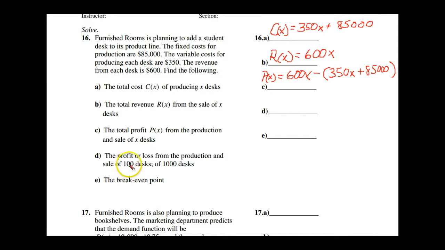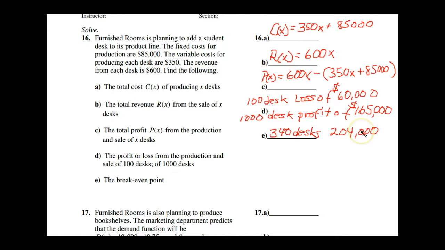If you only sell, for D, 100 desks, believe it or not, you would have a loss of $165,000. No, I wrote that incorrectly here. Okay, I paused the tape so it wouldn't be so long.